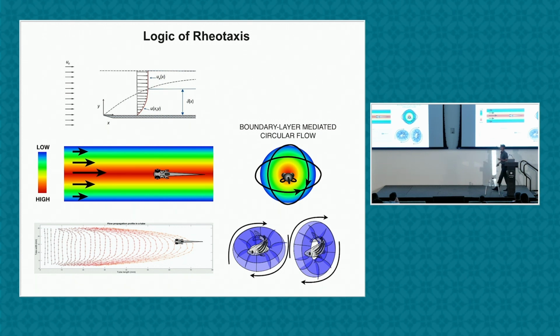What happens is that if the fish is located in the center of the cylinder, the flow on one side and the other side are going to be the exact same velocity. But as the fish moves from the center to the periphery, the flow on one side is going to be faster than on the other side. That will immediately create a local vortex around the fish. And this vortex is 3-dimensional.